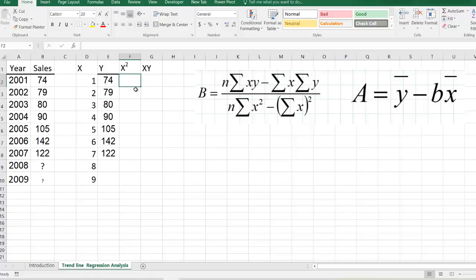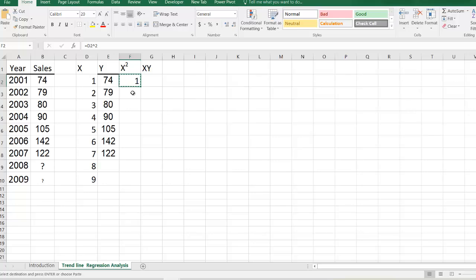Next column we're going to produce is the column for X squared. We simply get the square of each value of X, or the square of each time index. And copying this formula to the other time indices, the square of 2 is 4, the square of 3 is 9, and so on.